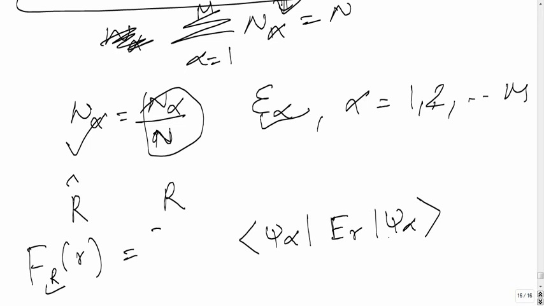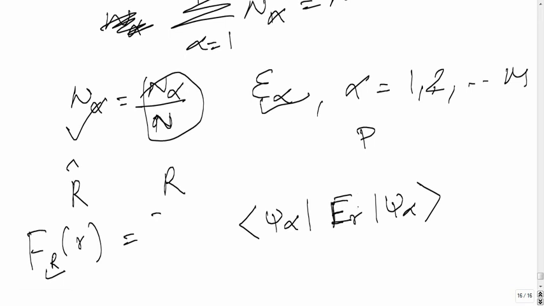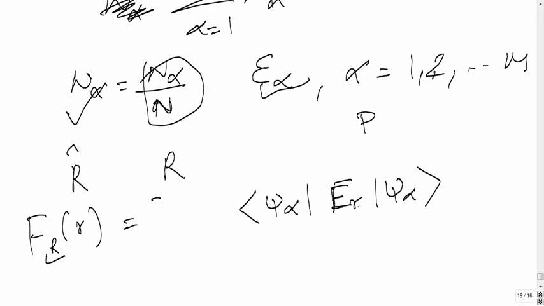I have changed the notation from P to E. It will become clear in later lectures: when we deal with generalized measurement, we will denote the measurement operator as E_r, as opposed to this projection operator.